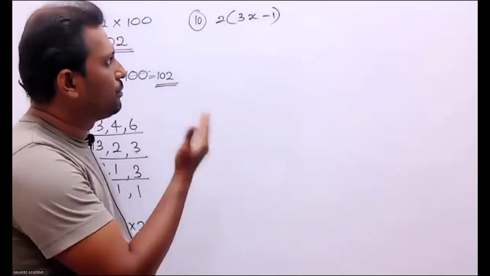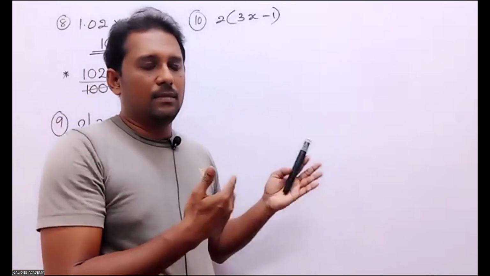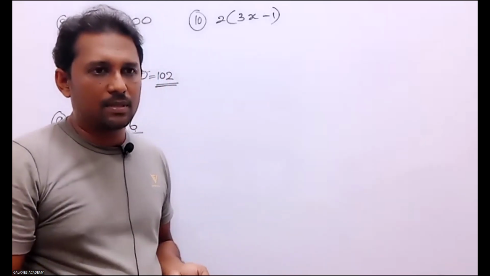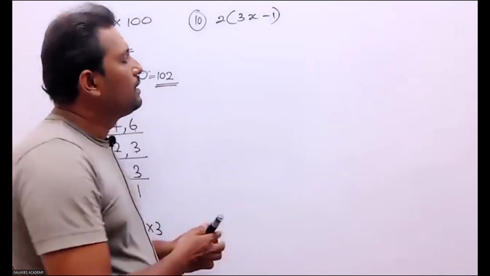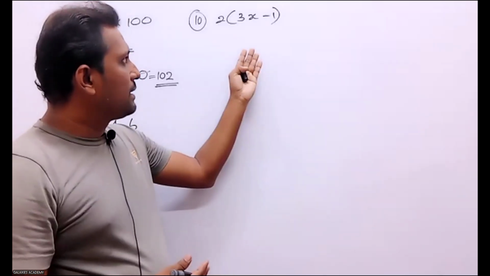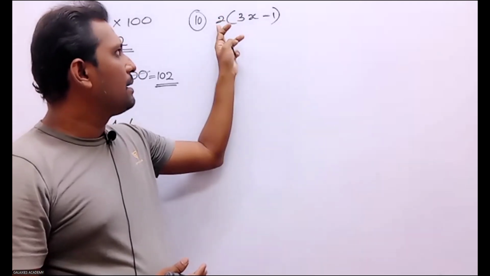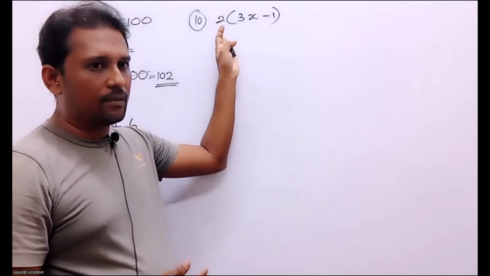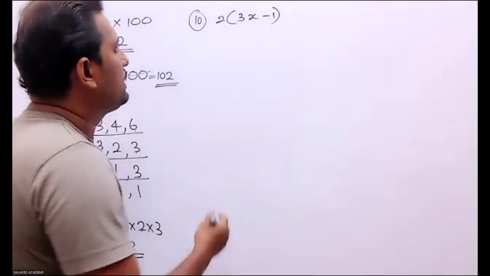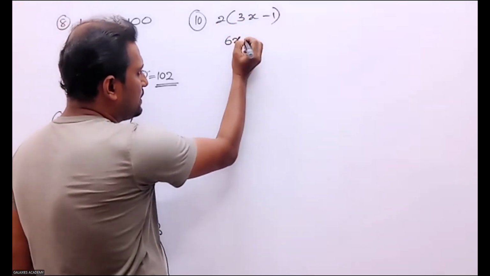You have to remove the brackets, and if the expression contains like terms, you have to simplify the like terms, right? It is the meaning of simplify. First, I can remove the bracket. When you remove this bracket, all the inside terms you have to multiply by the term outside the bracket. What is the outside term? Positive 2, right? 2 multiply 3x, 6x.